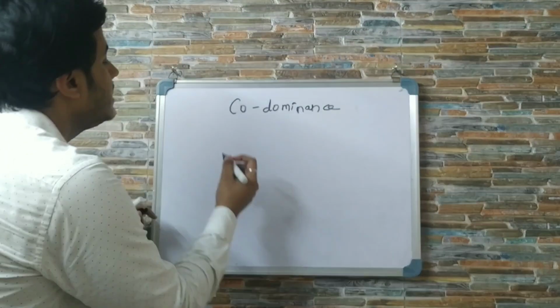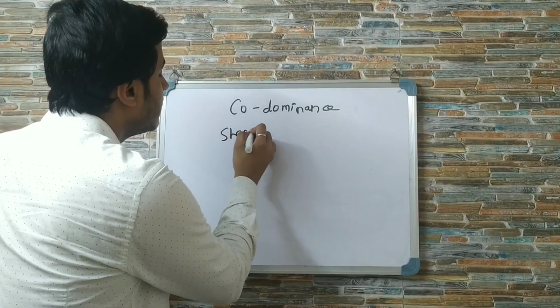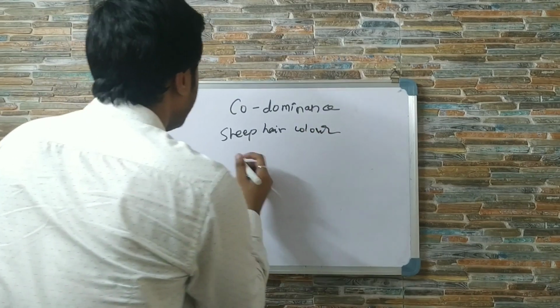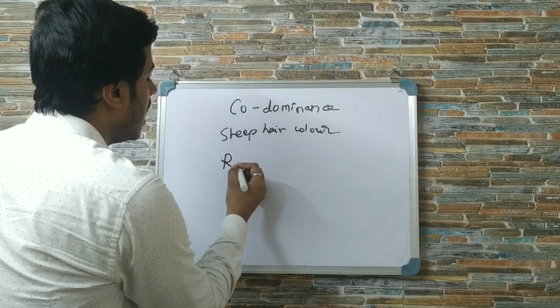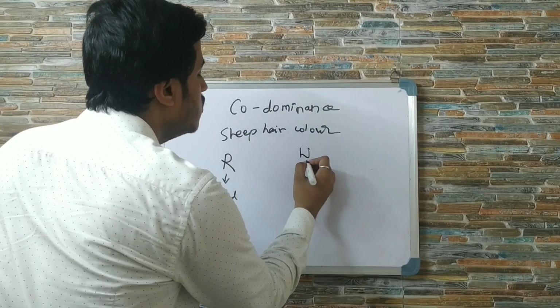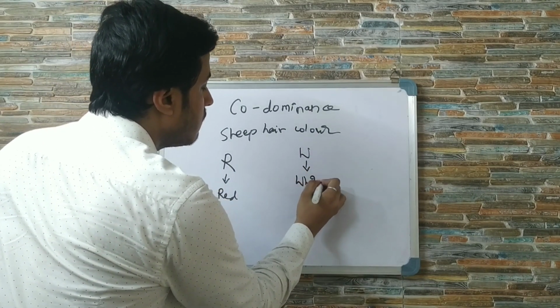That is, in the case of sheep hair color, where suppose capital R represents red hair color and W represents white hair color.